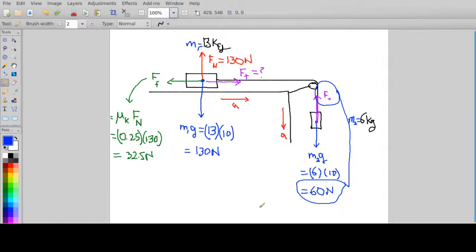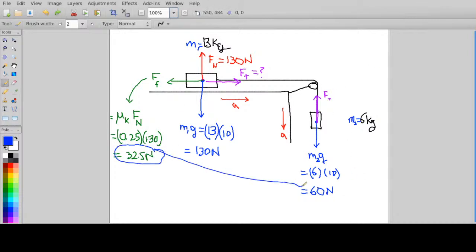And so the only thing we can conclude is that Ft is less than 60 newtons. It has to be bigger than 32, and it's less than 60. And the reason it has to be less than 60 is that if it were bigger than 60, then this thing would accelerate up. As it is, if it's less than 60, then it'd be accelerating down. All right, so that's it for the diagram.